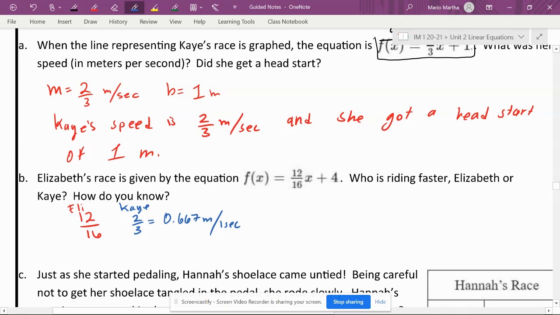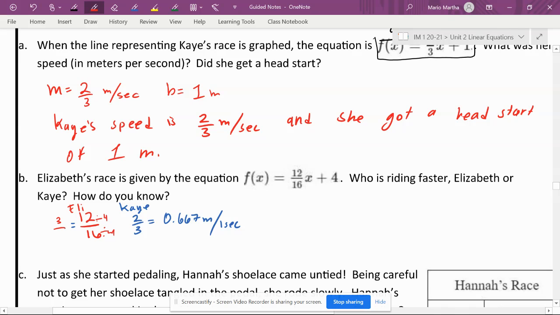All right. Now, we actually simplify Elizabeth's equation. Both of these are even, so that means that we can divide both of these by 2. And actually, both of these have a factor of 4, so we can divide both of them by 4. So let's do that to simplify the equation.